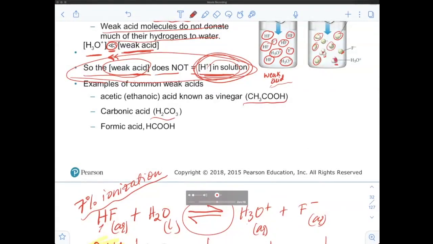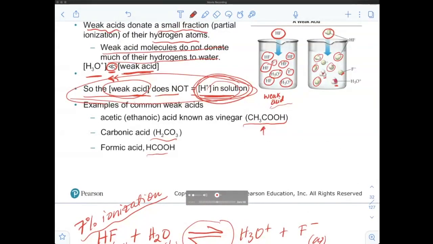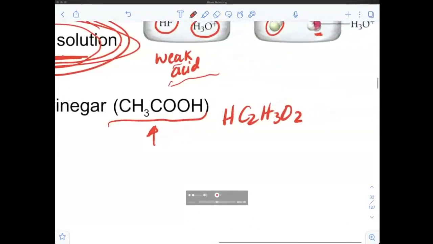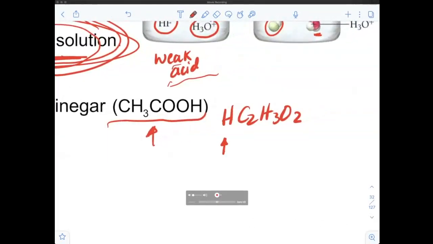Given here are examples of weak acids. Please notice that this right here is vinegar, or acetic acid. The way we write it in general chemistry is HC2H3O2. I think I mentioned this yesterday. General chemists tend to emphasize the hydrogen first, and then of course you have the rest of the molecule in the oxyacid.